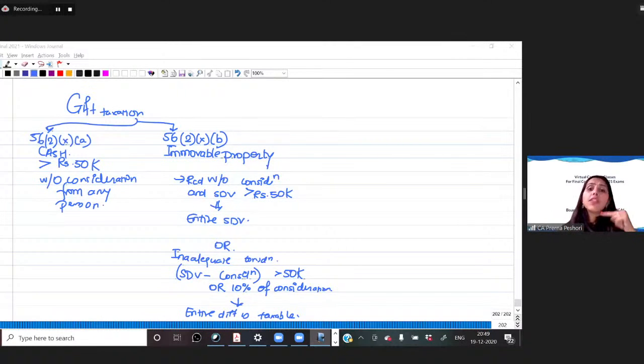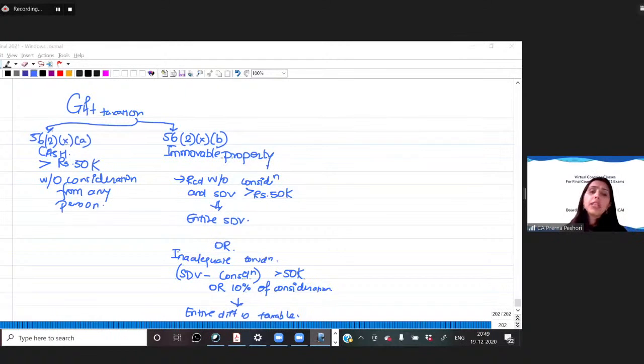In the hands of the recipient, you will take the difference between SDV and sale consideration as income under 56(2)(x). Clear?